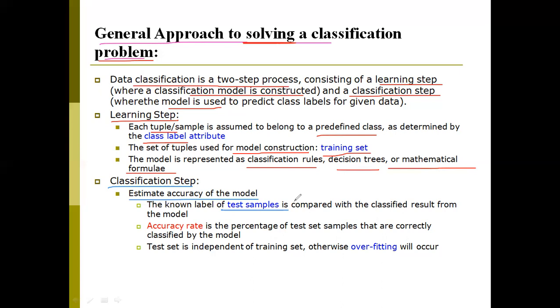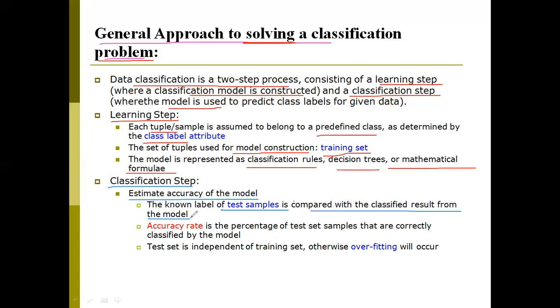This is the classification step. After getting the result, we are going to compare the classified result from the model, to check whether the model returns accurate, valid results or not. If it gives accurate results, then that model is a good model. If not, it is better to build another model.